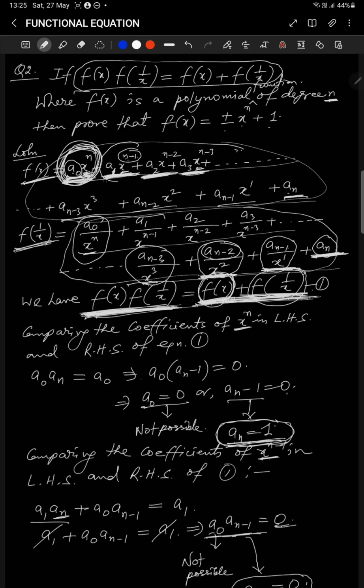Similarly, if you are multiplying this particular term to this one, then it will give us a1 square, because x to the power n minus 1 and x to the power n minus 1 will get cancelled. Same way, if we are multiplying this particular term to this one, then we will be getting a2 square, and x to the power n minus 2, x to the power n minus 2 will get cancelled, and so on.